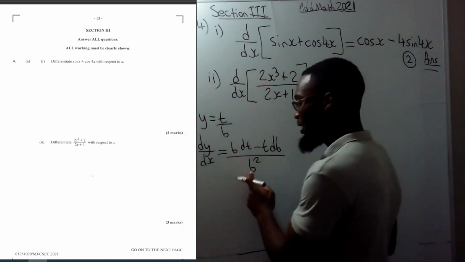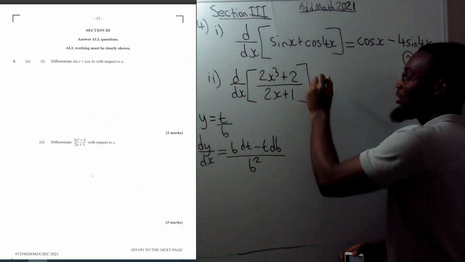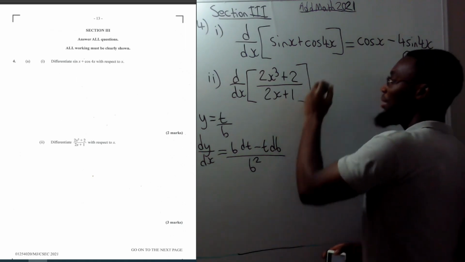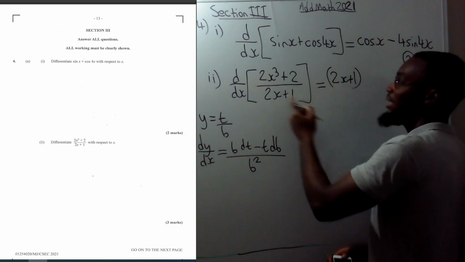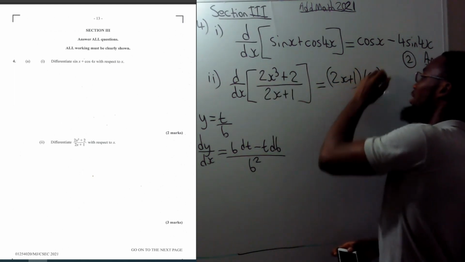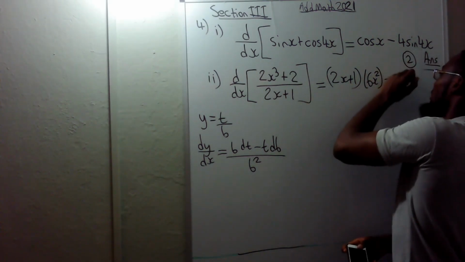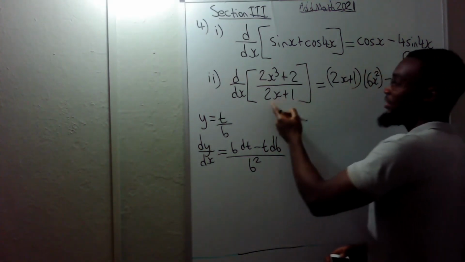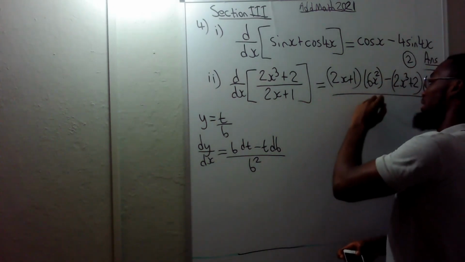You start with the bottom and you end with the bottom squared. So using quotient rule, we start with the bottom, 2x plus 1, multiplied by the derivative of the top, that is 6x squared, minus the top times the derivative of the bottom, all over the bottom squared.